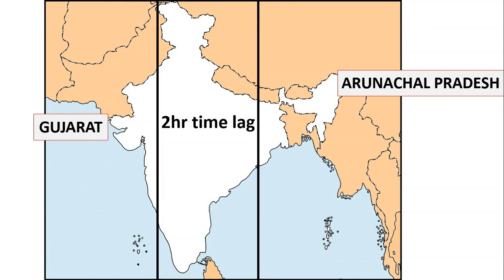India has 2 lines of longitude, so technically there should be 2 time zones, because to the far west and the far east, there is a 2 hour time gap. So there should be 2 time zones for the west and the east of India. However, India only has 1 time zone. Why?